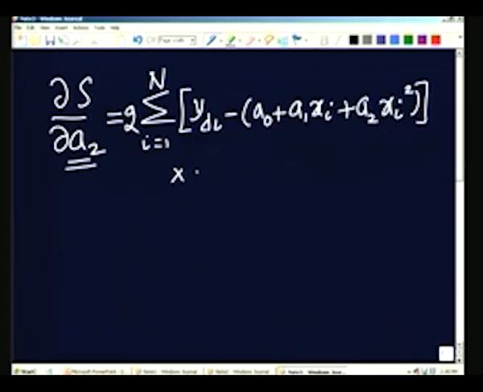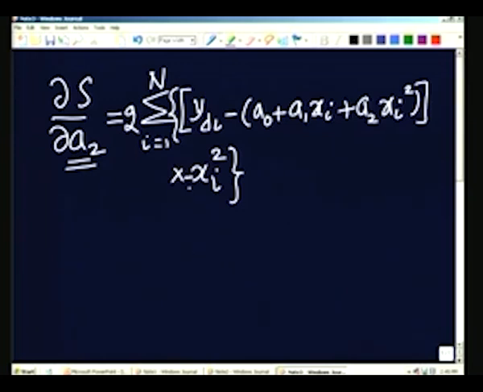That will give you x i squared. If you want, you can put the whole thing in a flower bracket because the entire thing here is dependent on x i, of course with a negative sign. So, that negative sign can be introduced here, so no problem.